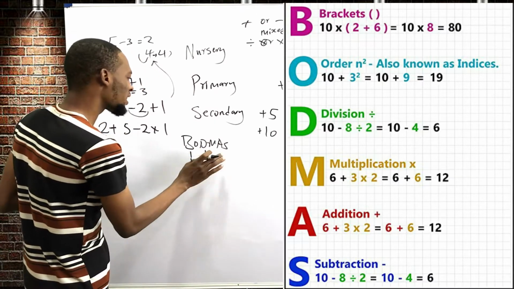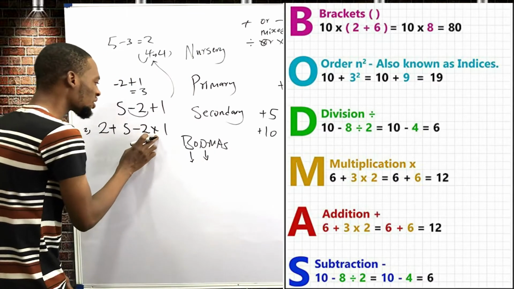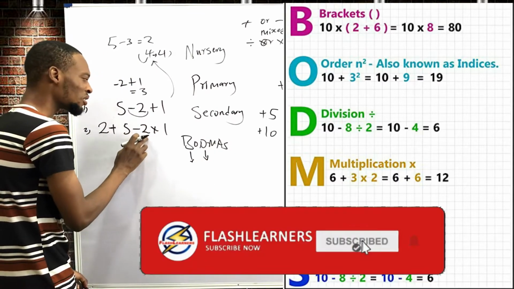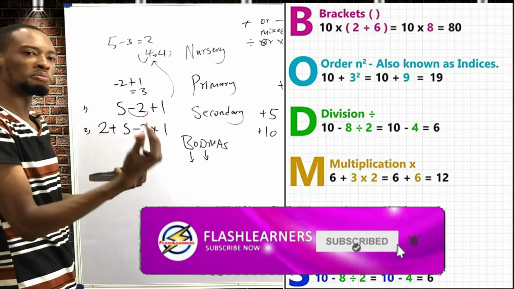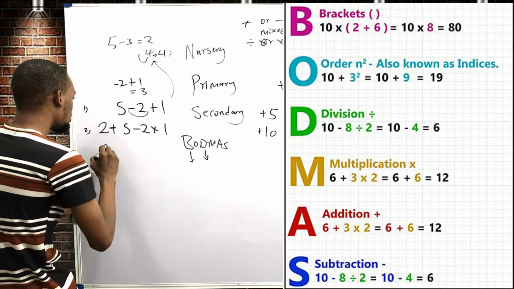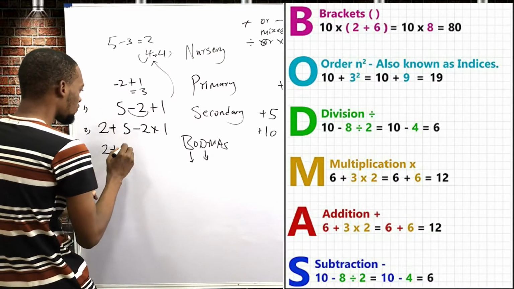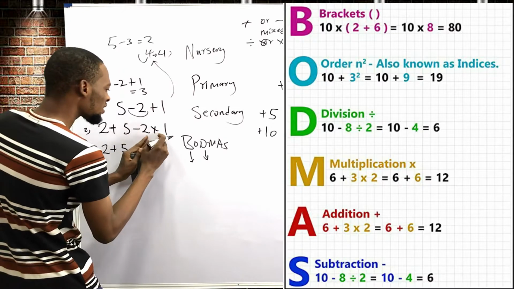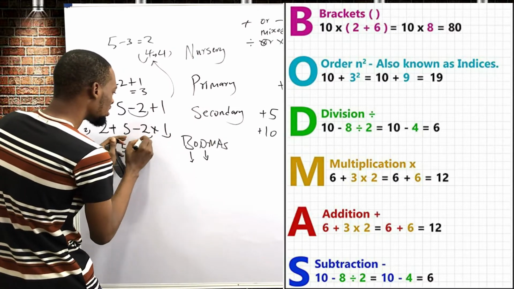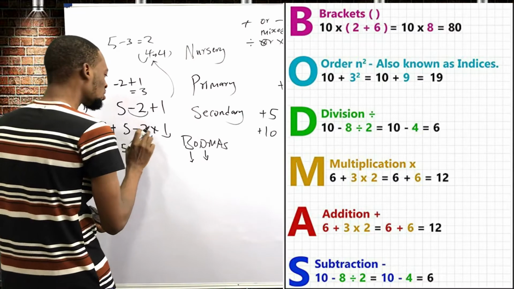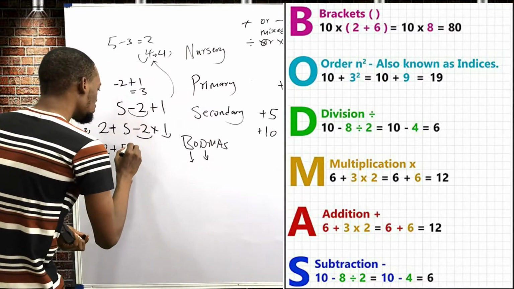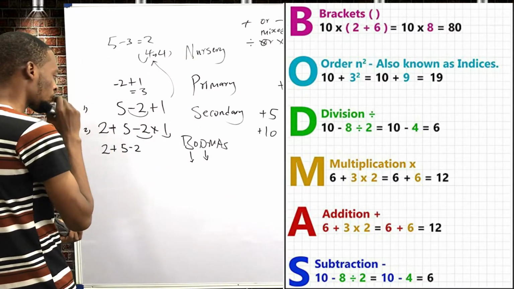Well, what's next? Multiplication. So we have multiplication here, and we have minus 2 times 1. So we have to what? Multiply. So you write 2 plus 5. Since this is closer to the multiplication, we say minus 2 times 1. This will give you minus 2.